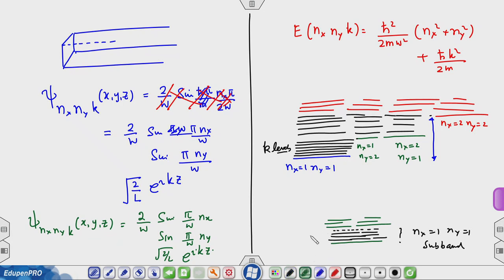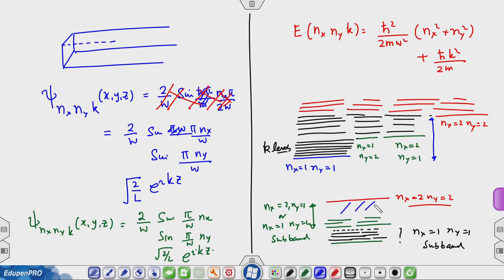So, from here onwards I am filling the n x equals 2, n y equals 1 or n x equals 1, n y equals 2 sub band. And I keep filling it until I reach n x equals 2, n y equals 2, and then start filling everything. So, what we want to know is this density until the point where the n x equals 2, n y equals 2 level also starts getting filled. So, let us now do some math.